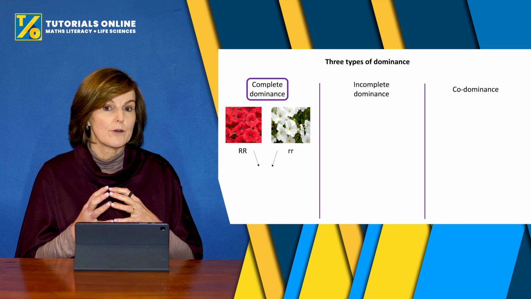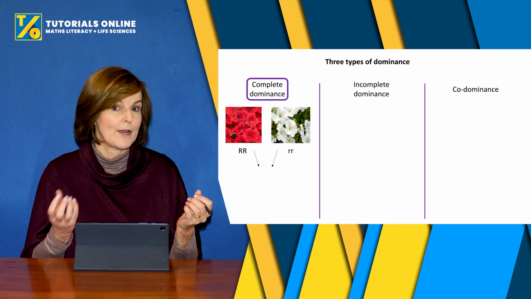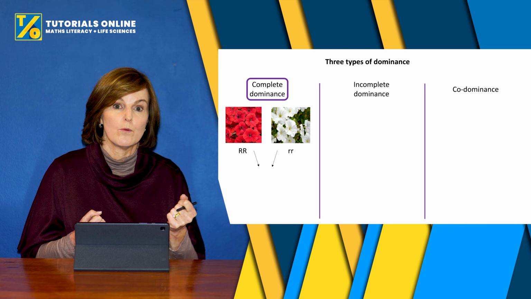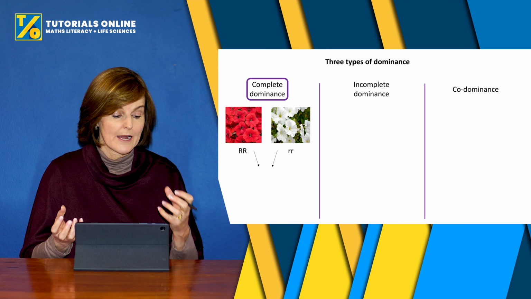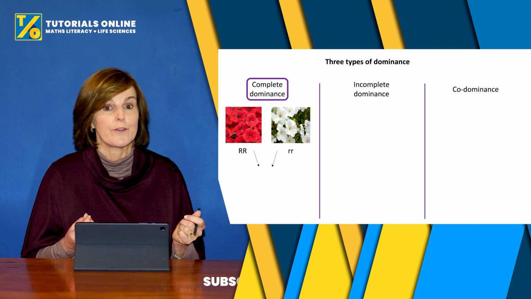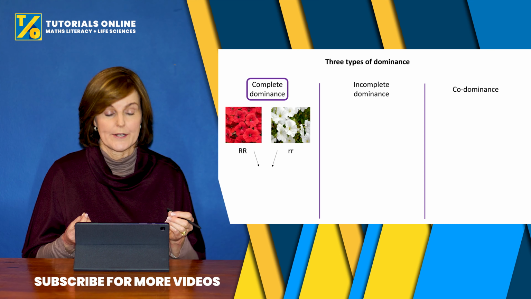With complete dominance, if we take two flowers, red ones and white ones, and let's say red color is dominant over white color, and they are homozygous parents. So their genotype is capital letter R for the red flowers, and for the white flowers, it's small letter r, small letter r.